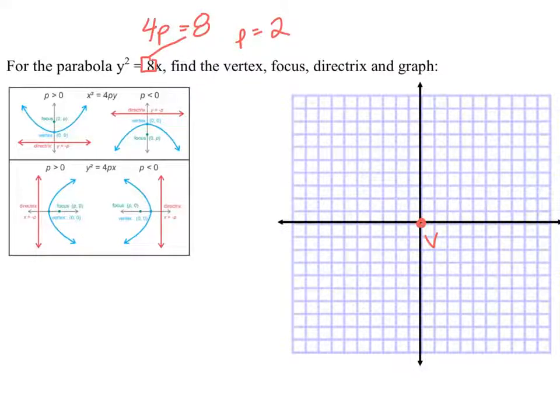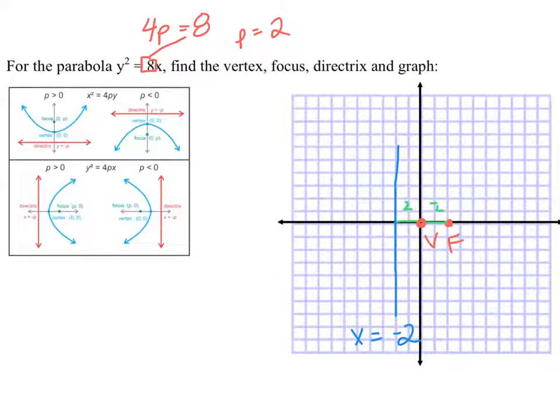So I go 2 units away. Here's my focus. Now my directrix is the same distance, so I'm just going to make 2. The directrix is 2 units behind, and I'm going to put a line. The directrix then is x equals -2.